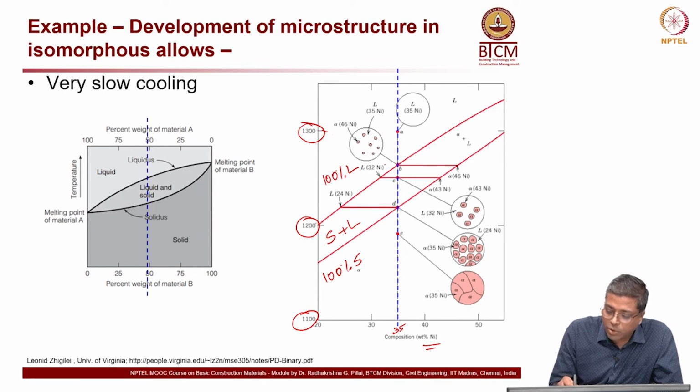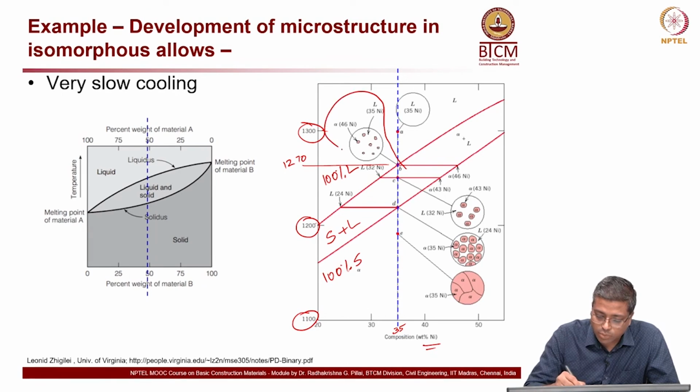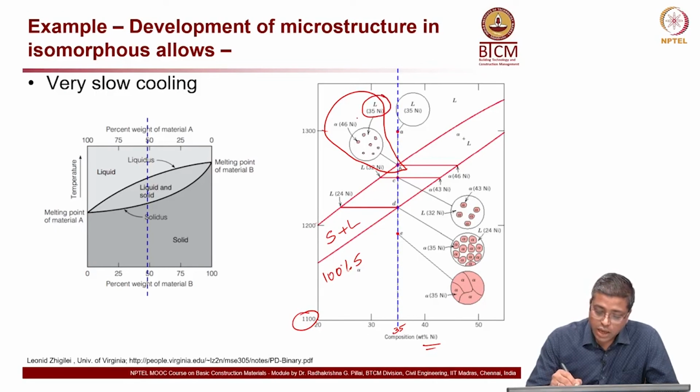Now, if I take point B, that is about 1250, 1260, 1270, something like that approximately. So, this point has a combination, and you can see that you have liquid phase and also you have alpha phase.